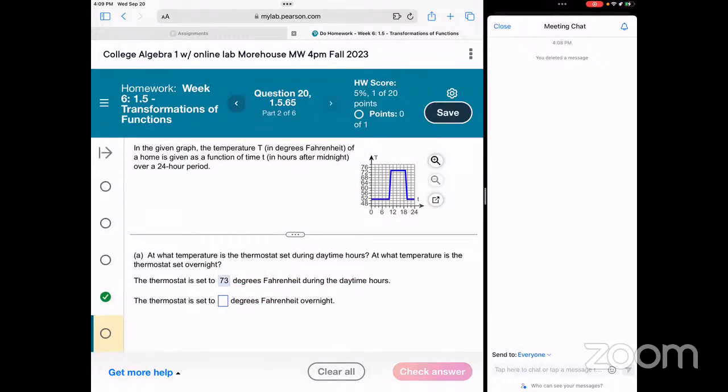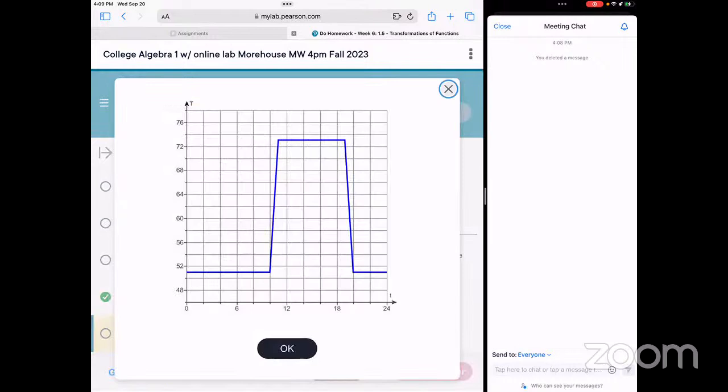And then overnight is 3/4 of the way between 48 and 52. So halfway between 48 and 52 would be 50, so it's halfway between 50 and 52. So it looks like that temperature is 51.